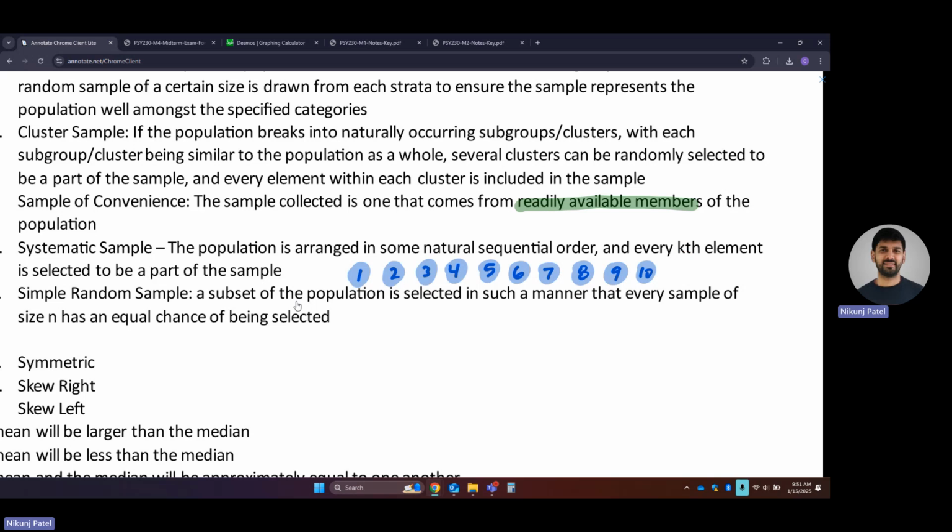So for example, if it's every third patient, then we would select the third, the sixth, and the ninth patient to be part of our sample. Or if it's every second patient, every other patient, 2, 4, 6, 8, and 10. That's a systematic sample where you pick every kth patient, every certain order patient.